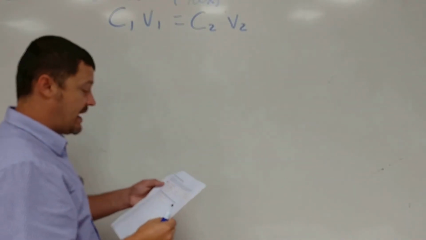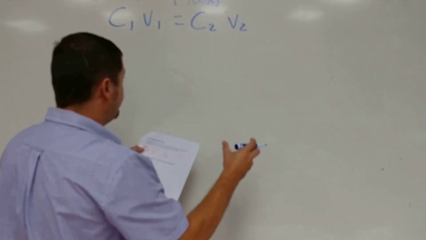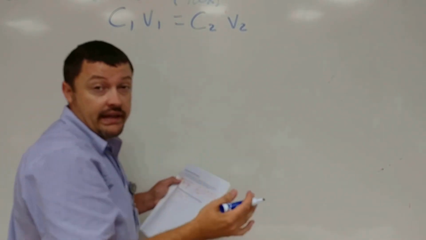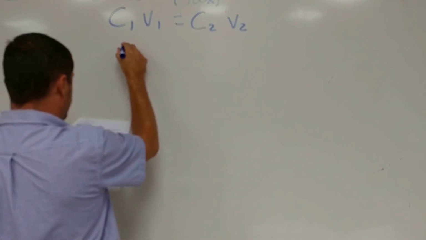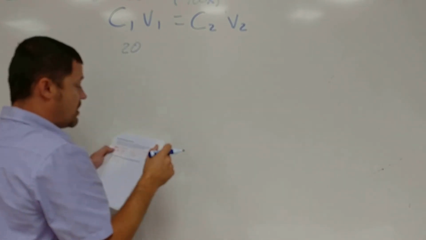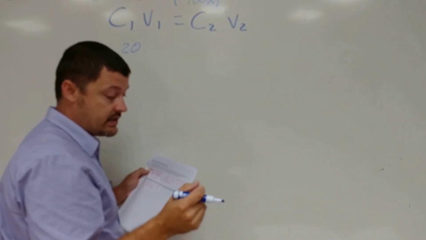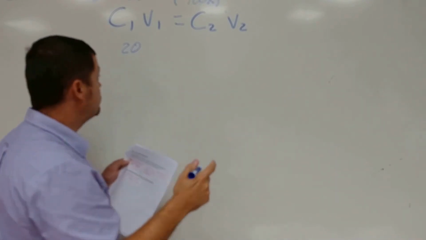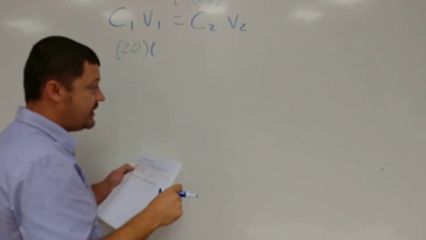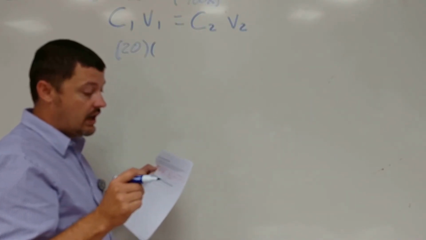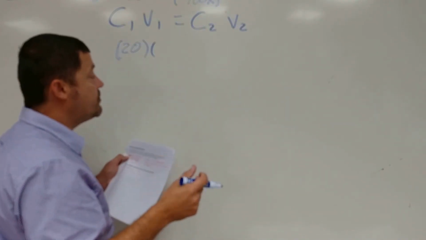If we go back to our problem, we just start plugging in the numbers. Our C1 is going to be 20%, because that is what we have available in the stock room. So we put 20 in our parentheses. Our V1, the stock reagent volume, we don't know yet.